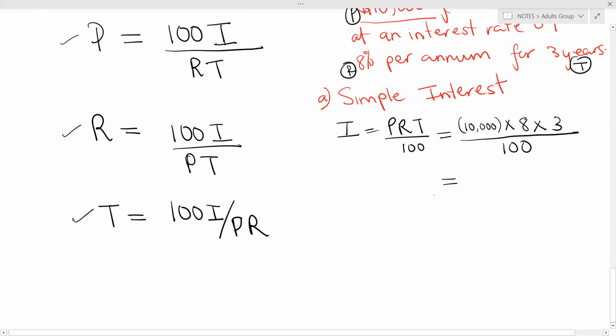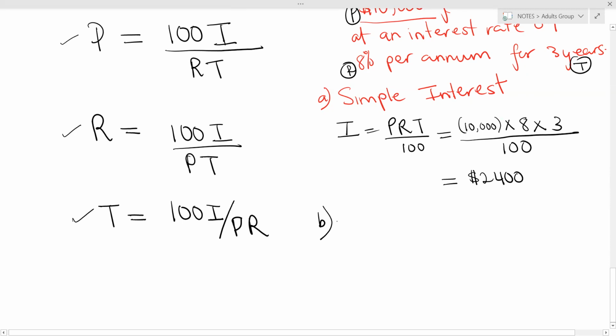And then when we work that out, we will get $2,400 interest. So after 3 years, at a rate of 8%, borrowing $10,000, you are going to pay back an interest of $2,400.